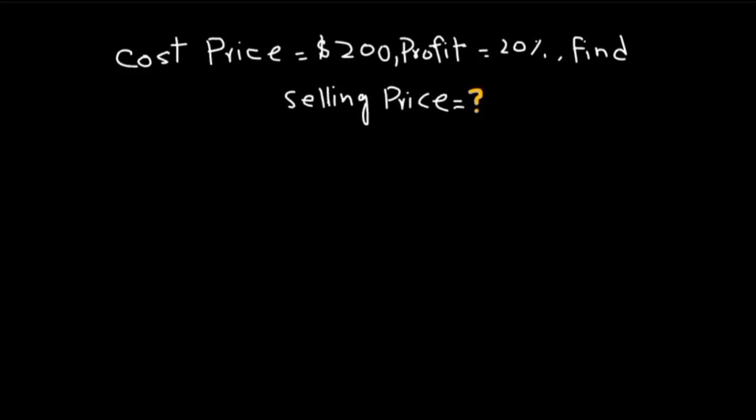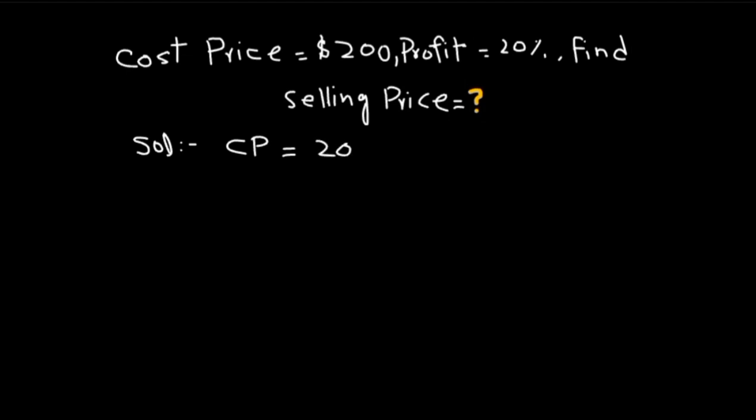In today's lesson, I am going to explain when cost price is given and profit is also given, how we can find the selling price. So for this, first of all, we write the cost price. CP represents cost price.